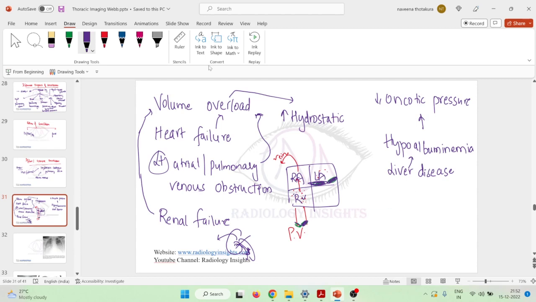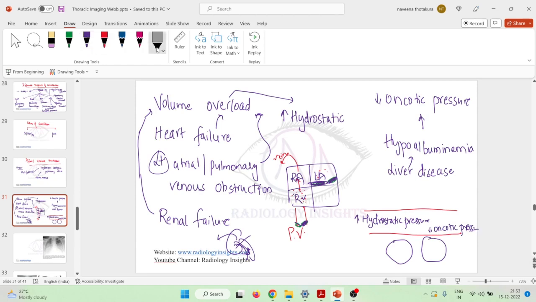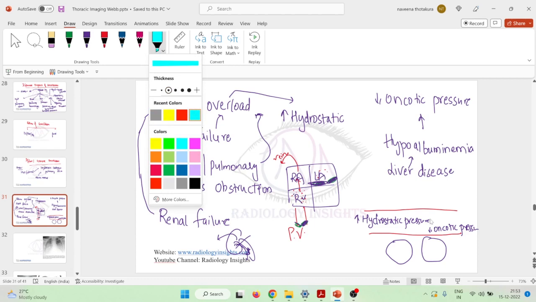Now, if this is the alveoli and this is one of the capillaries, what happens is in the blood there is increased water, that is increased hydrostatic pressure, and decreased oncotic pressure. Whenever there is increased hydrostatic pressure, that means there is an increased amount of water in the blood vessels.